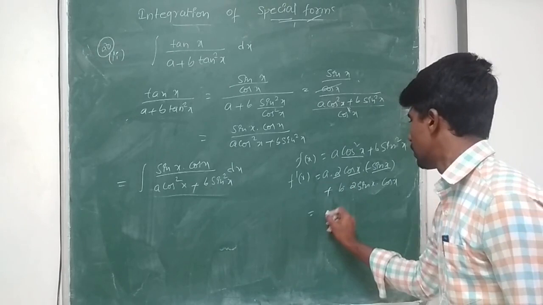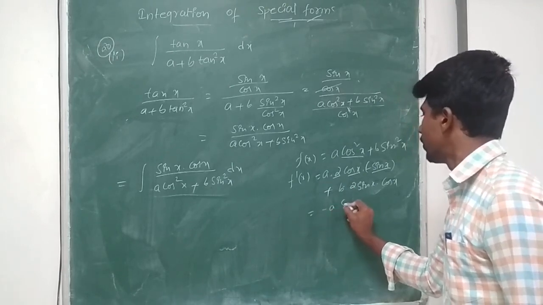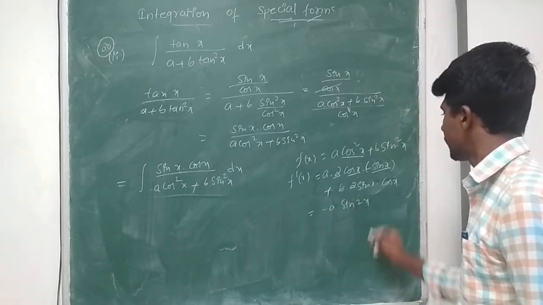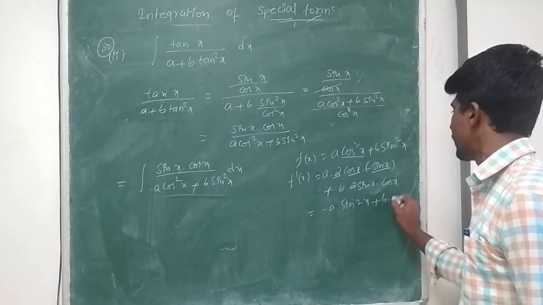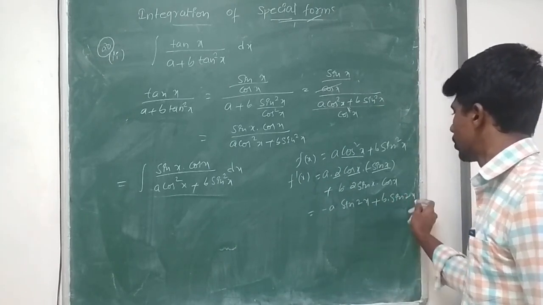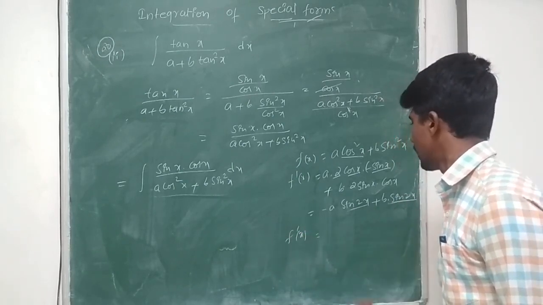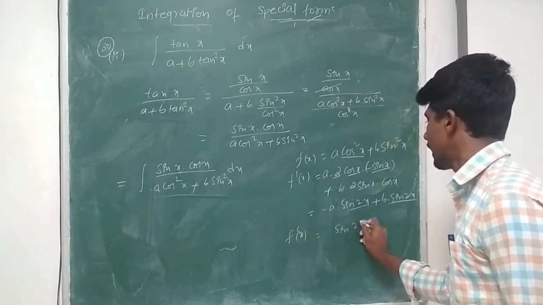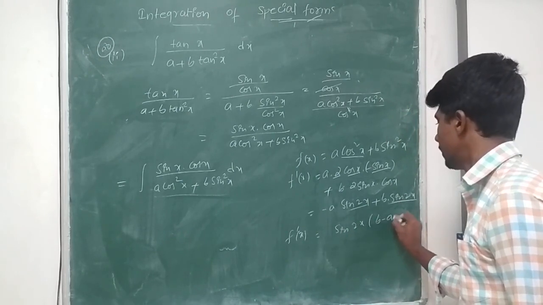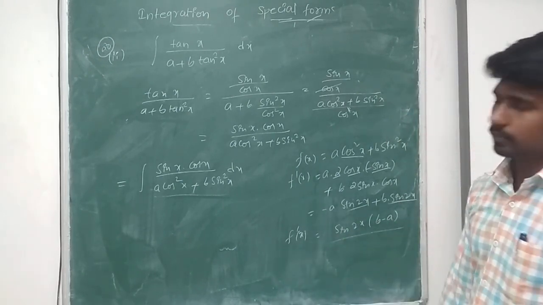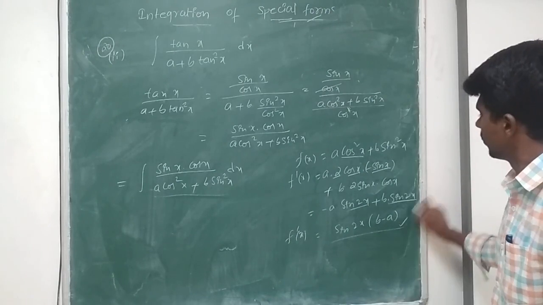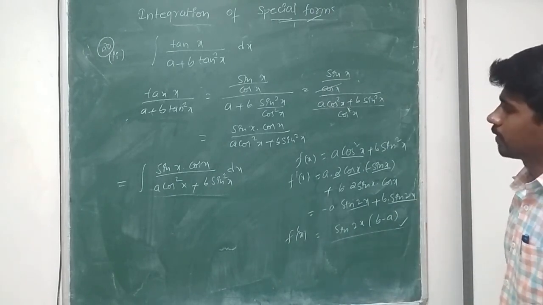So minus a into sin 2x plus b into sin 2x. So I can take sin 2x common. So f dash of x is equal to sin 2x into b minus a. Right.